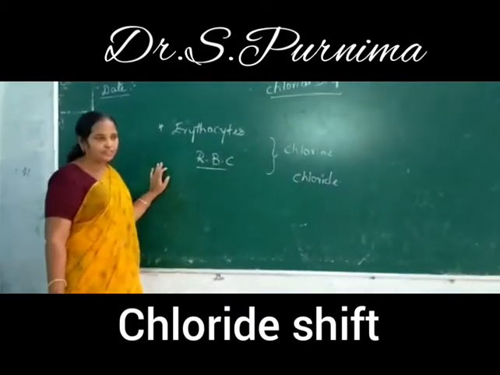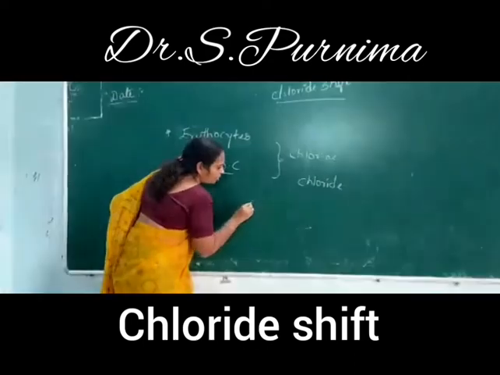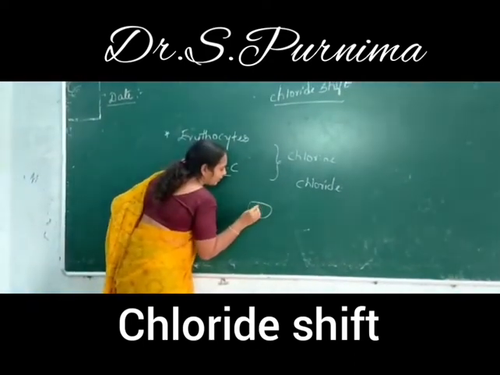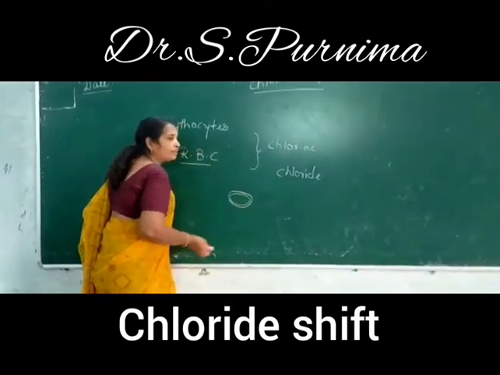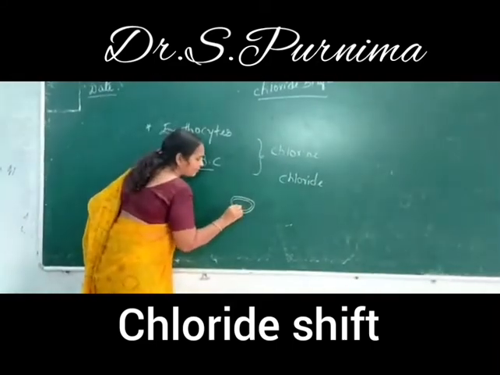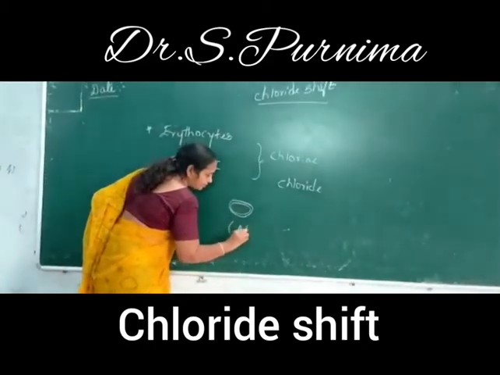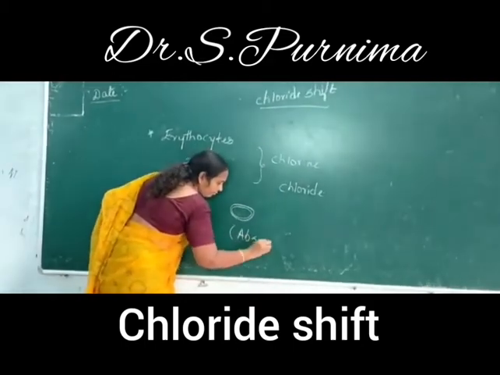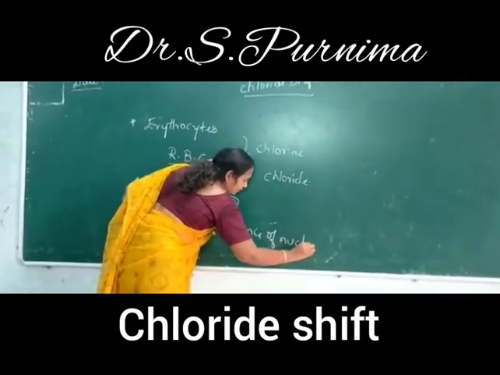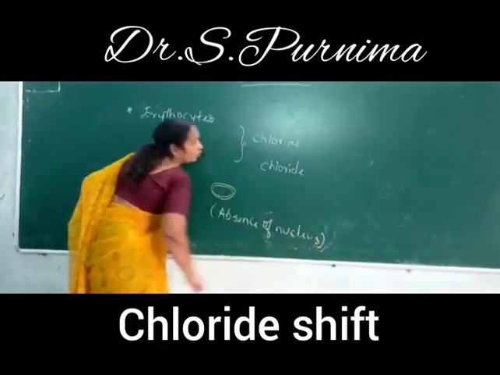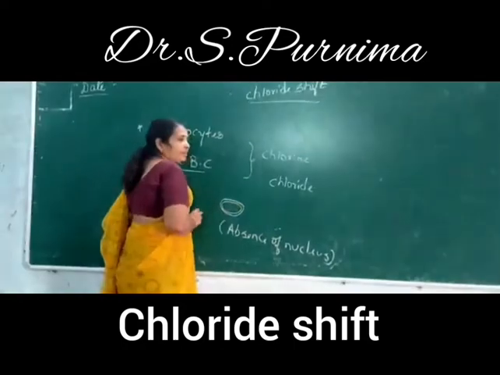In general, oxygen has the capacity to combine with the hemoglobin, and RBC does not have any nucleus. So, absence of nucleus.